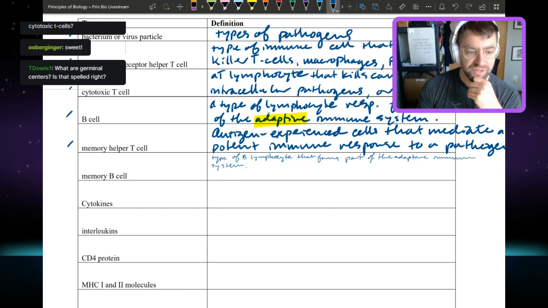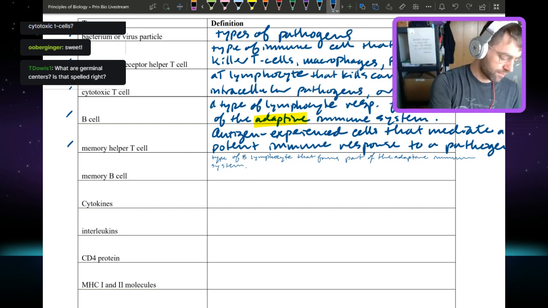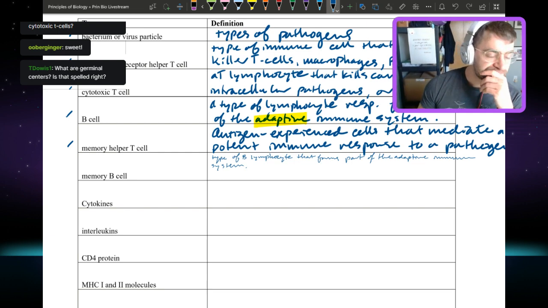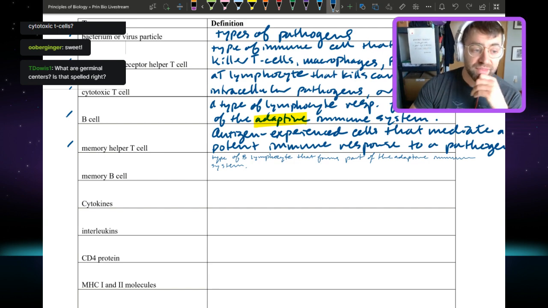Germinal centers, yeah. So germ cells. Germinal centers develop in the B cell follicles of secondary lymphoid tissues.